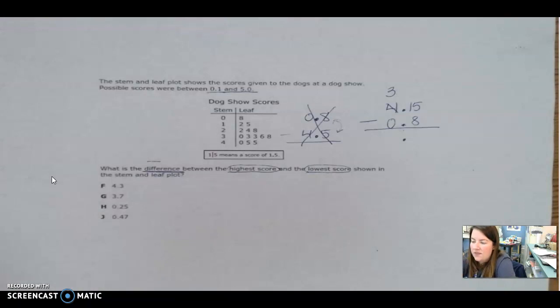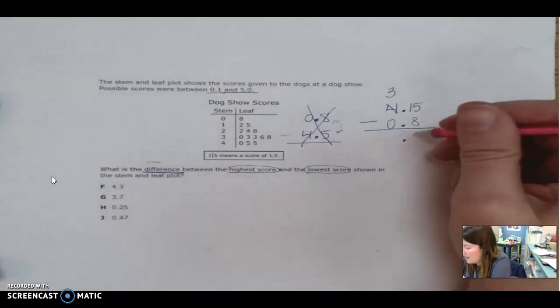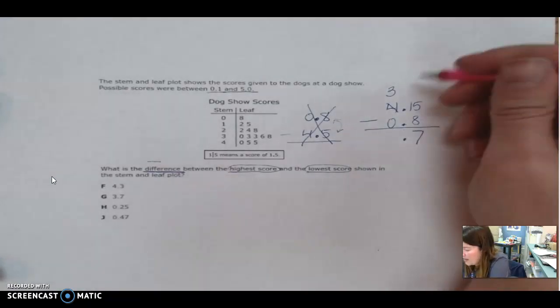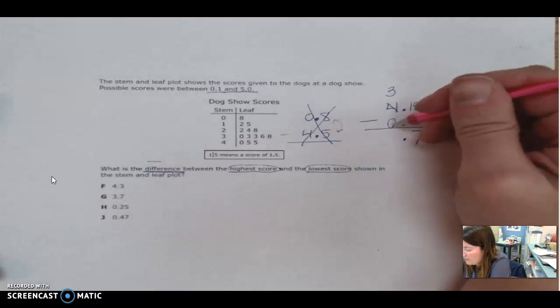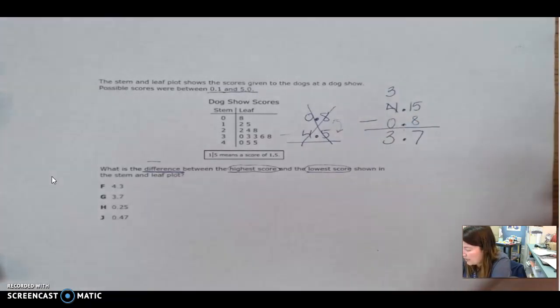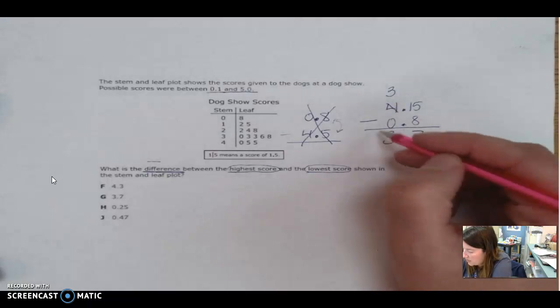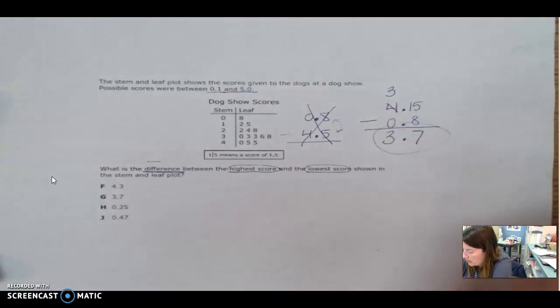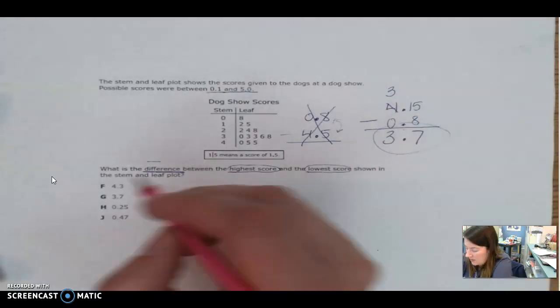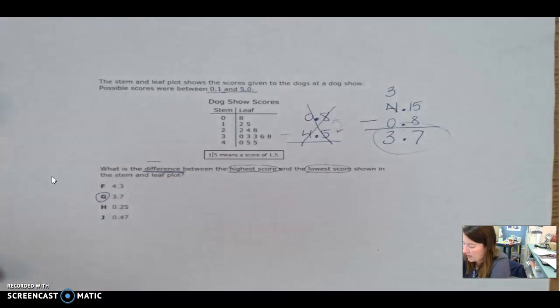Now, what is 15 minus 8? Any guesses? It's a 7. And then we have 3 minus 0, which is 3. So the difference between those two scores should be 3 and 7/10, which should be this G right here.